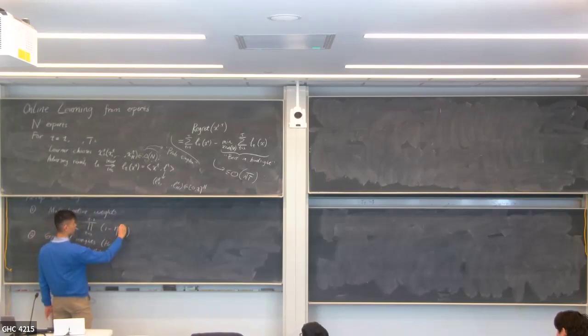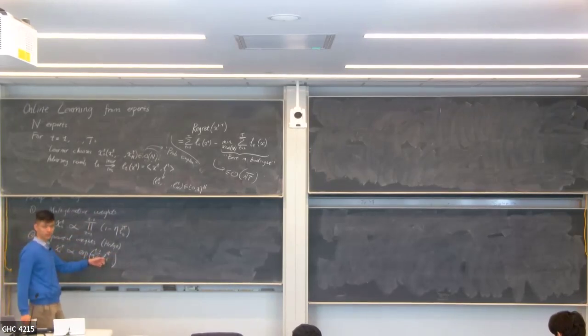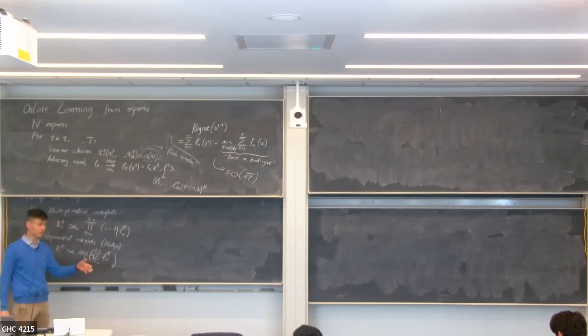This is tau. This is like computing the cumulative loss for each expert so far, the sum of the losses from all the previous rounds.